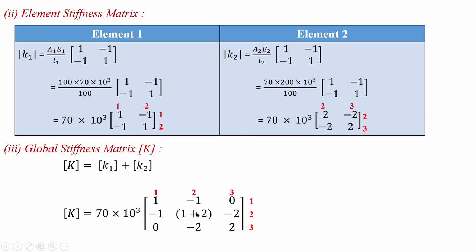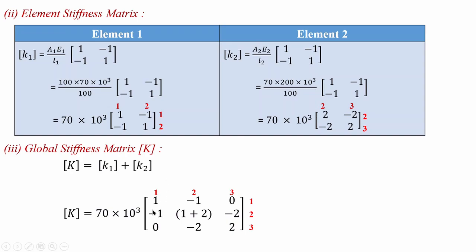So 2 plus 1 will be the value of the second element of second row of the global stiffness matrix. Now for the third element, we have to look for column number 3 and row number 2. So column number 3 and row number 2 will give us the value minus 2. So therefore, the third element of second row of the global stiffness matrix will be minus 2.